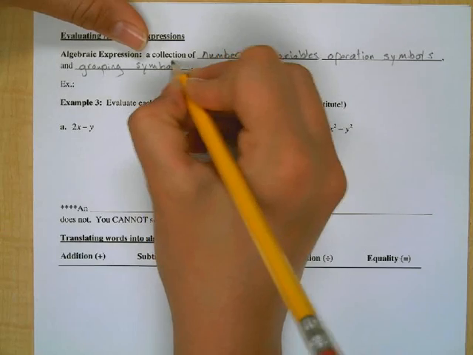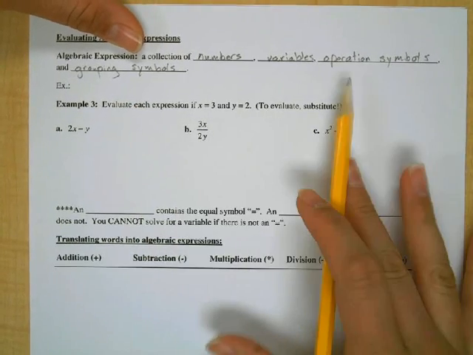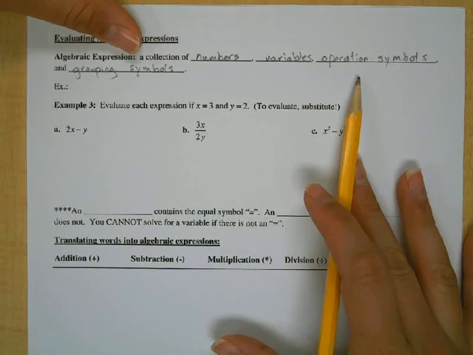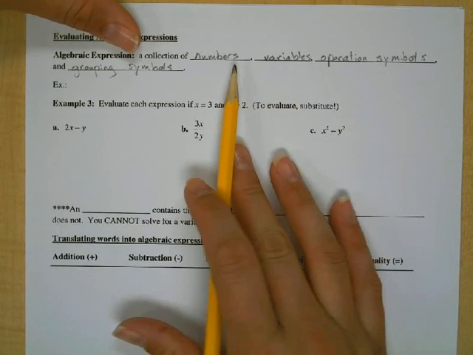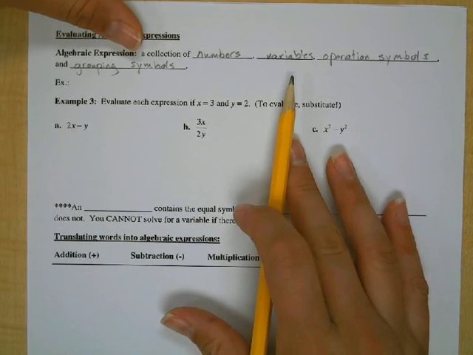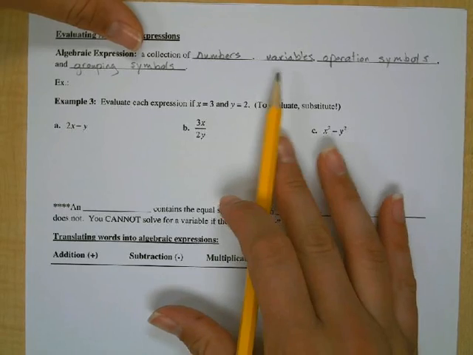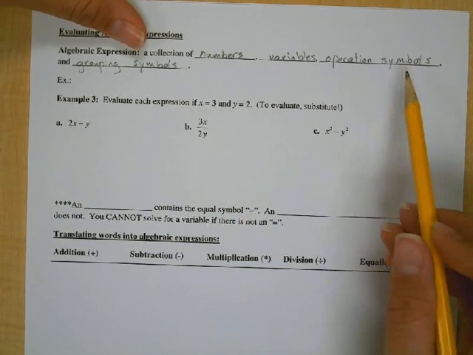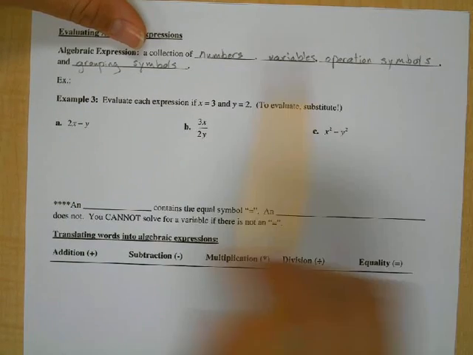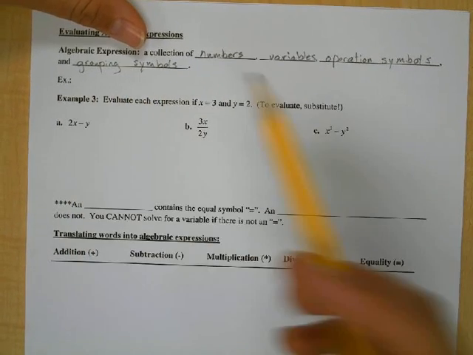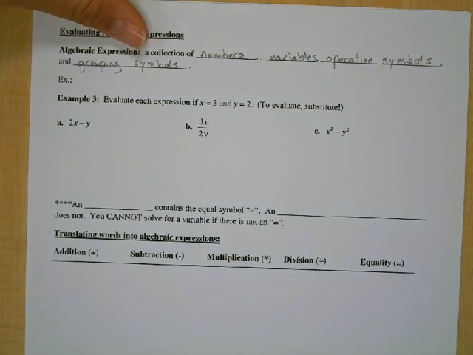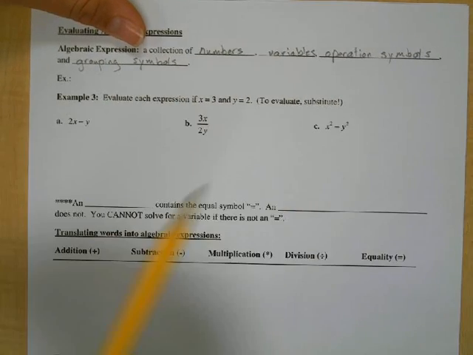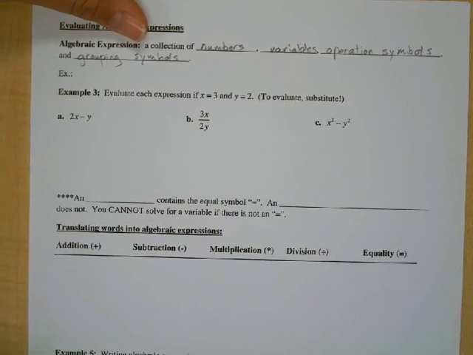Okay, numbers, variables, operation symbols, and grouping symbols. So numbers are just numbers. Variables are x's, y's, z's, whatever else you want to throw in there. Operation symbols are your adding, subtracting, multiplying, dividing, square root things, stuff like that. And grouping symbols would be your parentheses, your brackets, your absolute value. Absolute value kind of fits under both categories there. Okay, so it's just a collection of those things.